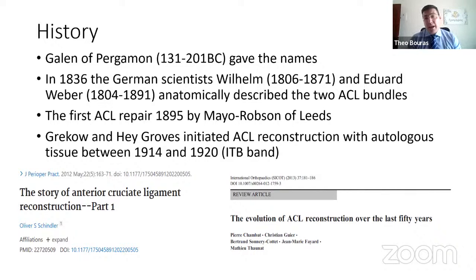We reached today where several techniques and several grafts have been developed in order to deal with ACL pathology.